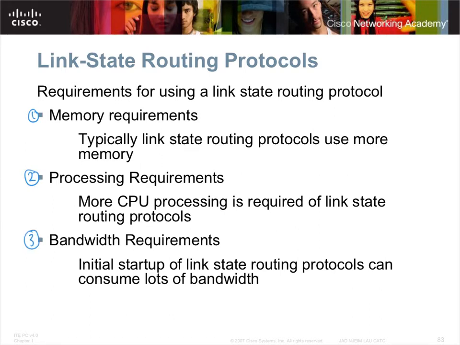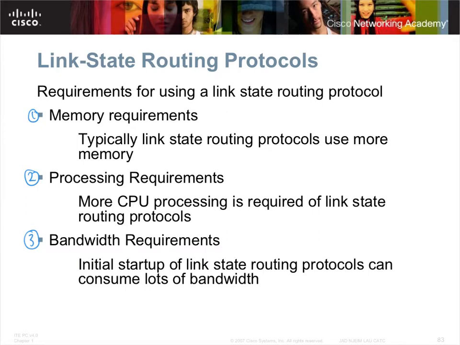For memory requirements, link state routing protocols tend to have higher storage requirements. Why? Because we have to maintain 3 different tables, unlike distance vector routing protocols, which need only 2 tables, or 1 table in the case of RIP. Here we have 1 extra table for the link state database to maintain this global view.